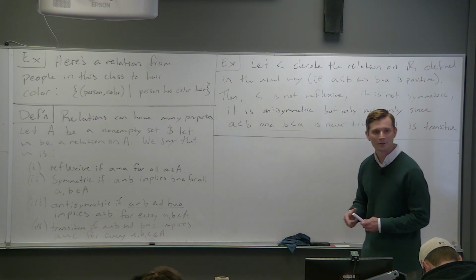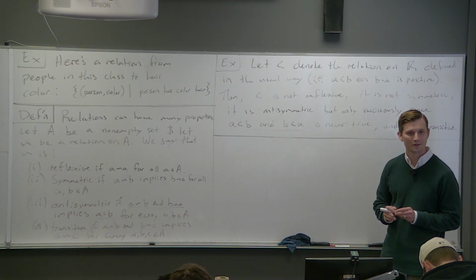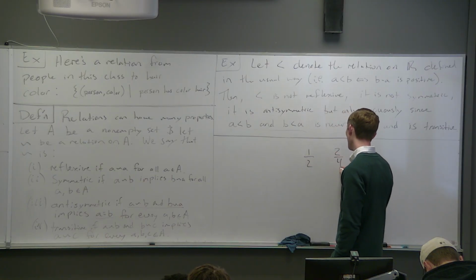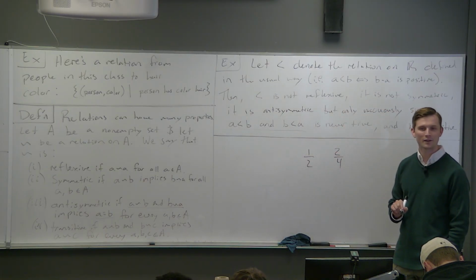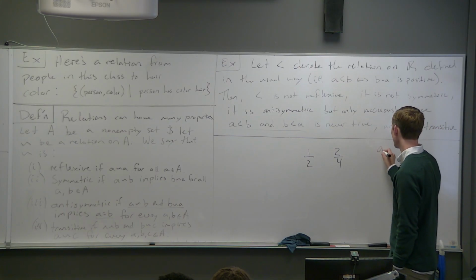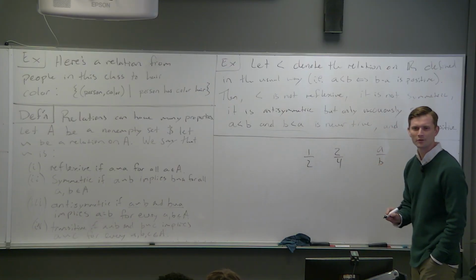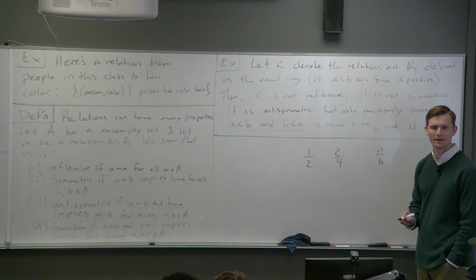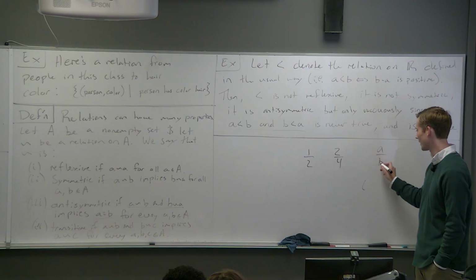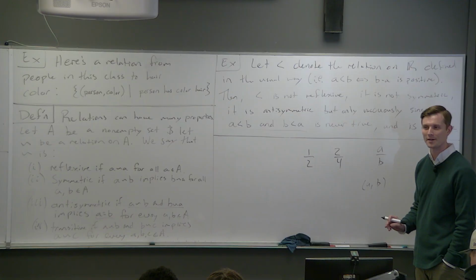What about the rational numbers? For instance, what about 1 over 2 and 2 over 4? These are the same number, are they not? In fact, anytime you write a fraction a over b, it really is just an ordered pair, isn't it? There's something on top and something on the bottom. There's really no difference between putting it on top and bottom versus putting it in the first and the second slot, right?